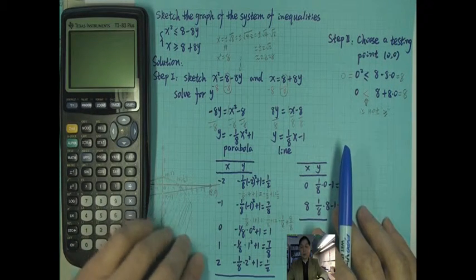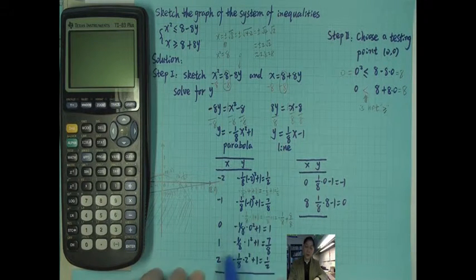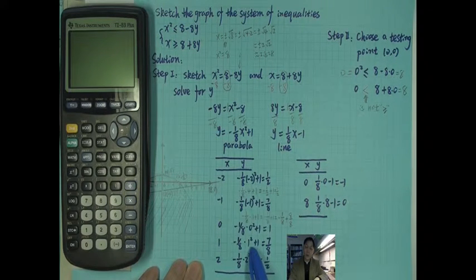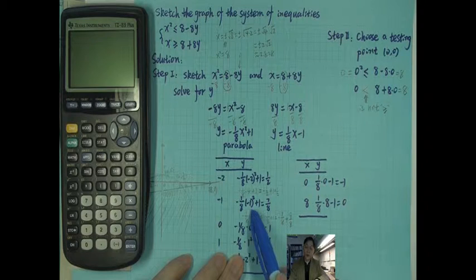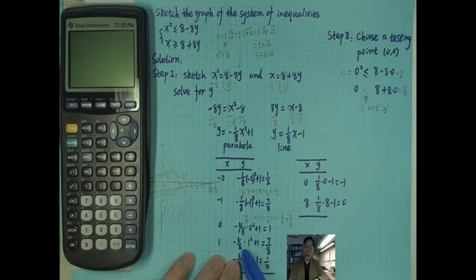And then for x equals 1, you plug in here. -1/8 times 1 squared. -1 squared is +1, and 1 squared is also +1, so we have the same answer, because 1 times -1/8 is still -1/8.